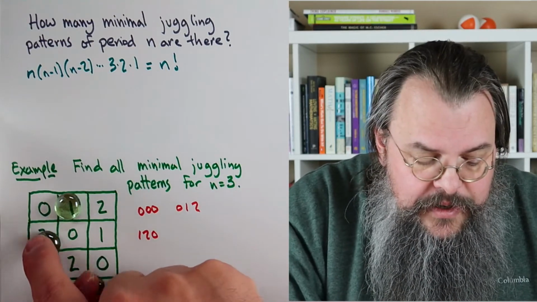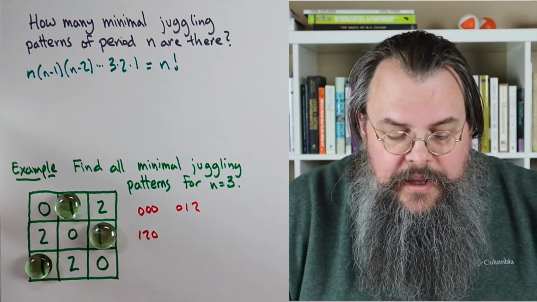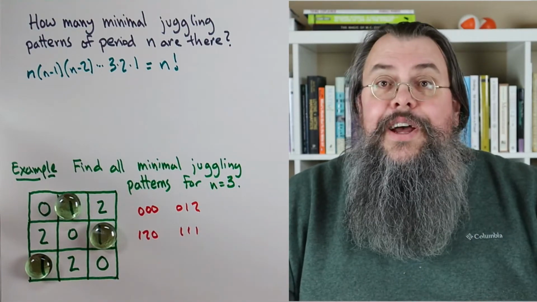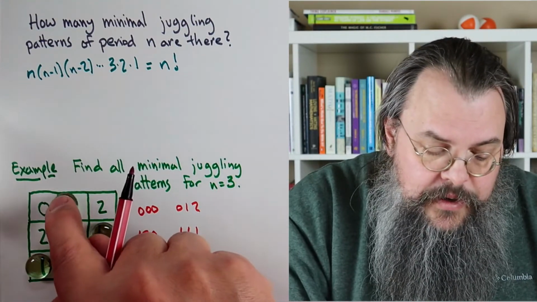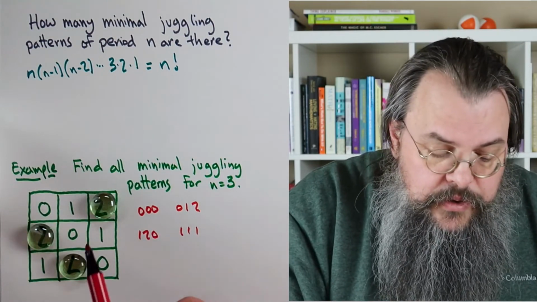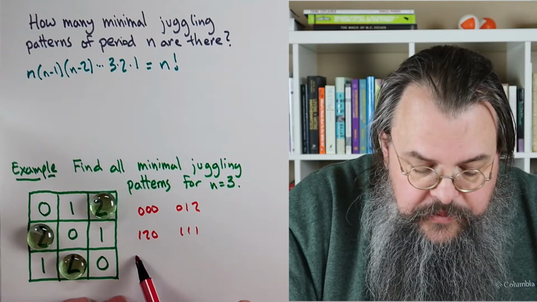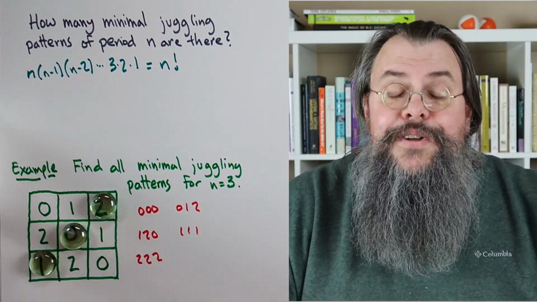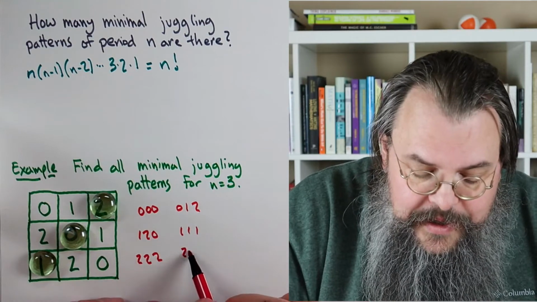Another thing we could do is right there, and that's 1, 1, 1. Okay, great. Well, what else can we do? Well, here we go. There's another one. 2, 2, 2. And last one. 2, 0, 1.